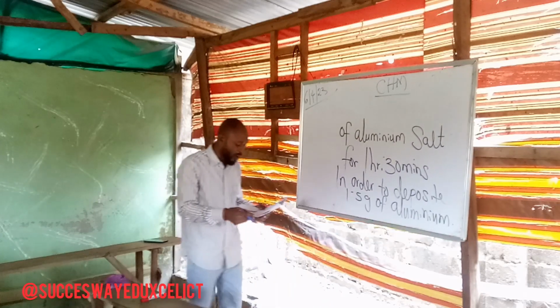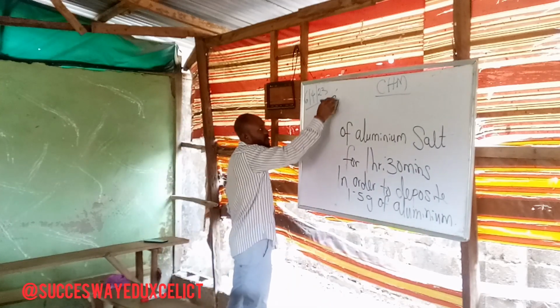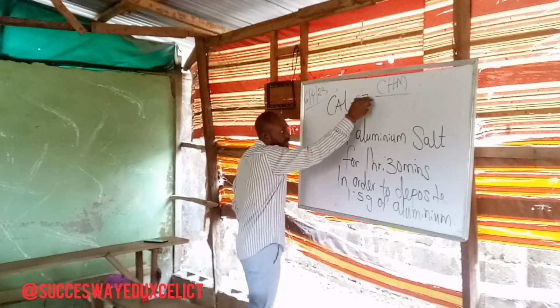In order to deposit 1.5 grams of aluminium, they gave us the atomic mass of aluminium as 27.